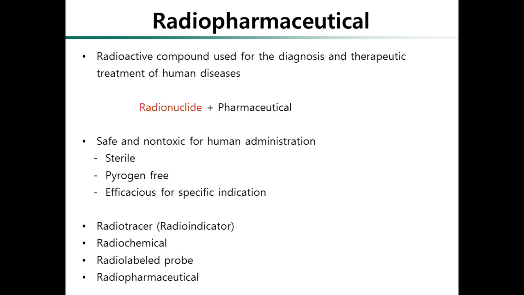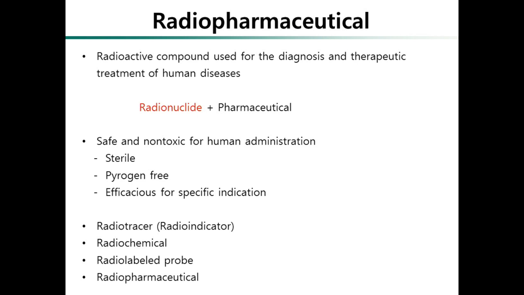Maybe you know the meaning of radiopharmaceutical. It is a simple compound name, radio and pharmaceutical. A pharmaceutical can give some kind of physiological effect to the human body. Radio means a radioactive material or radionuclide is connected with the pharmaceutical.